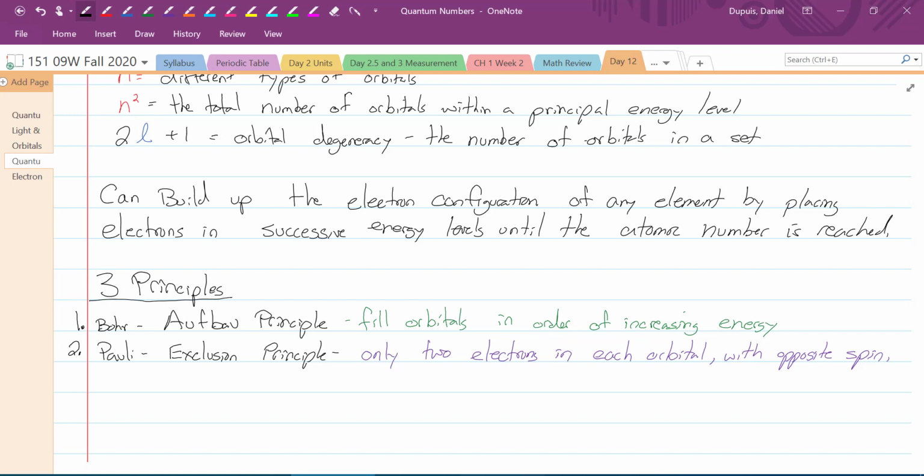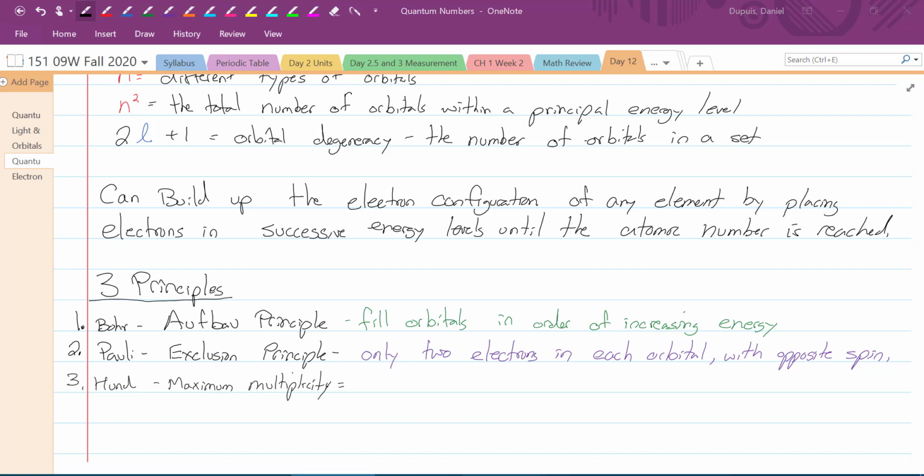And 3, Hund. A lot of times we call it Hund's rule, but this is maximum multiplicity.